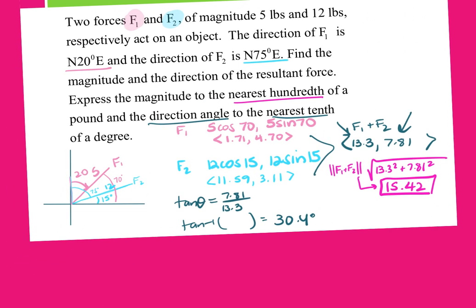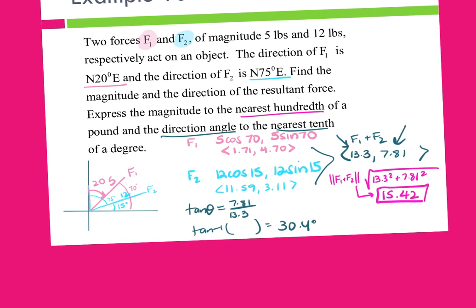So if I had actually done my diagram accurately, I would be able to estimate this. This would be 30 degrees, which obviously would be somewhere over here, and 15 is obviously going to pass the 12, which, again, if I had done it accurately, I could get by diagonally drawing these out. Where they intersect would be the resultant vector.